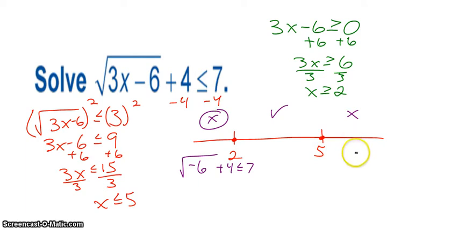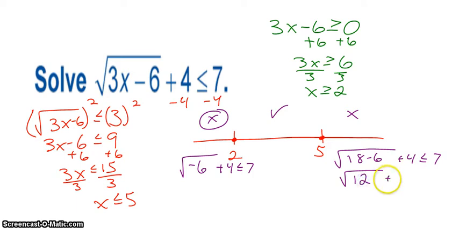Let's test a number that's bigger than 5. Let's plug in 6. So I've got 18 minus 6 plus 4 less than or equal to 7. And I am likely going to get decimals here, so you would be using your calculator. So I've got the square root of 12 plus 4 less than or equal to 7.